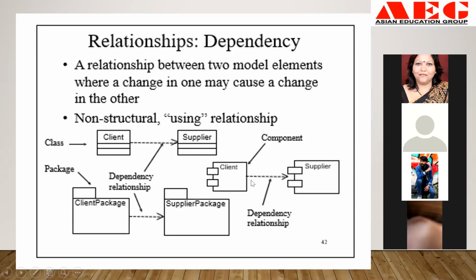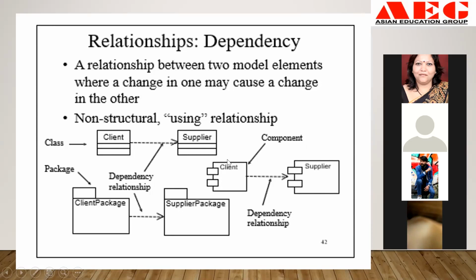So we will represent it like this: the component, client and supplier. If you are creating a component diagram, then you have to use the component symbol only. If you are using the class diagram, then you have to use the class diagram only. So the client class has a relationship to the supplier in this. In the same manner, if you are creating a component diagram, then you have to represent your client in the form of a component symbol.